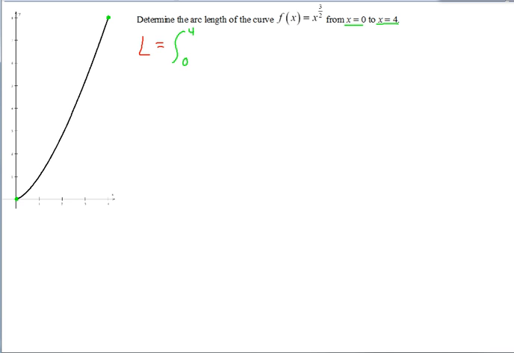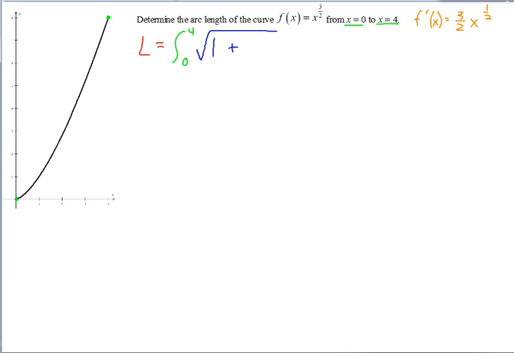We start off with the square root of 1 plus, and now we need the derivative, f prime of x, and then squared. We can find the derivative of f of x using the power rule, which would just be 3/2 x to the 1/2.